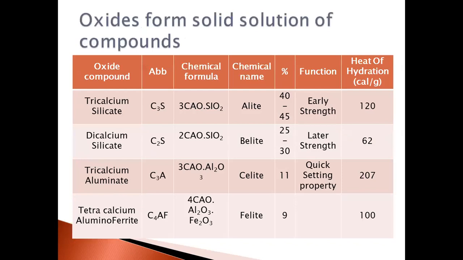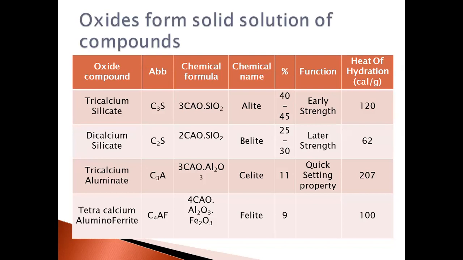What happens is the oxides form a solid solution of compounds known as tricalcium silicate, dicalcium silicate, tricalcium aluminate, and tetracalcium aluminoferrite. For convenience, we can use abbreviations: C3S, C2S, C3A, and C4AF. The chemical name of C3S is alite, C2S is belite, C3A is celite, and C4AF is felite.